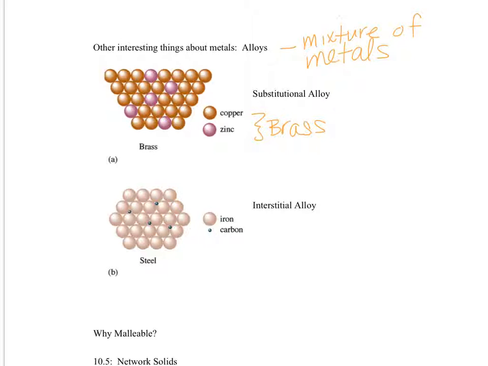So those small spaces between the iron atoms are stuffed with carbon. And the reason why it's malleable is because of the holes in between the different atoms.